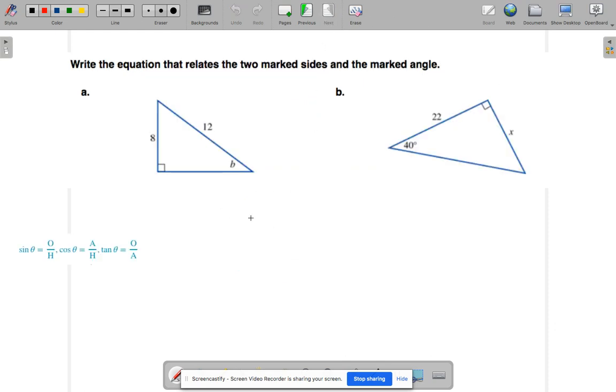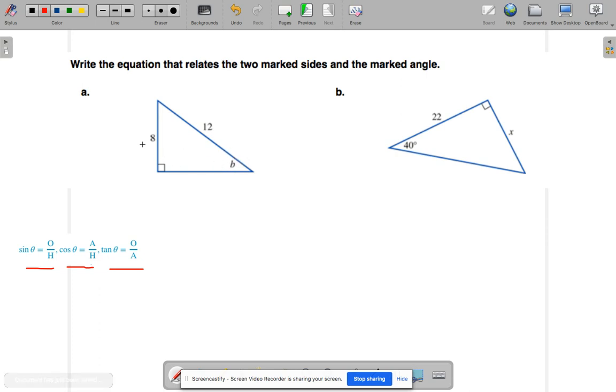Next one, write an equation that relates the two marked sides and the marked angle. Okay, so first thing we have to decide is whether this is going to be sine, cos, or tan. Now, what we're going to look at here is what of the three sides are we given. So there's our angle B that we're given. Okay, that's our theta if you like.